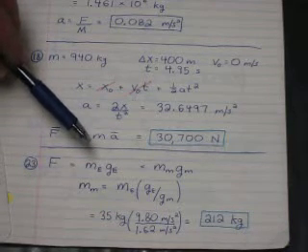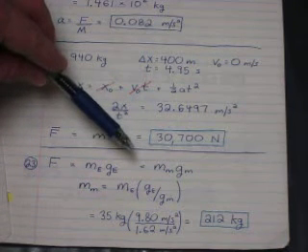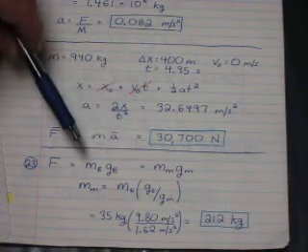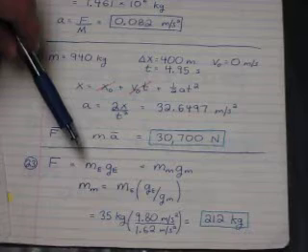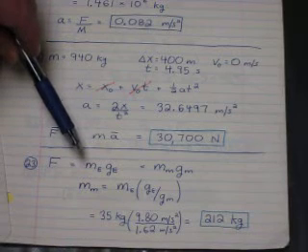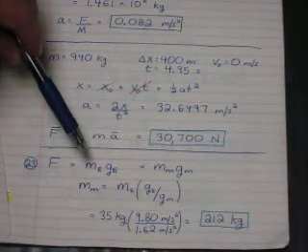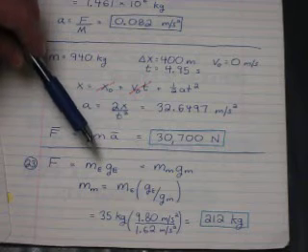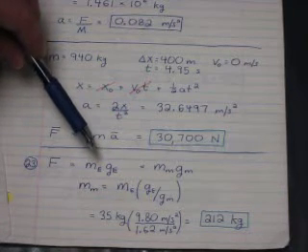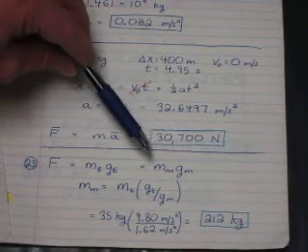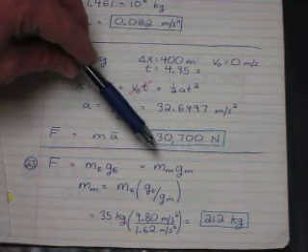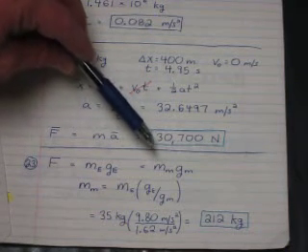It's also going to be the weight of an object on the moon, or the weight of an object anywhere. So the weight of an object on Earth is going to be its mass, and I call that m Earth, times g on Earth. And that's also going to be equal to m moon times whatever g on the moon is.